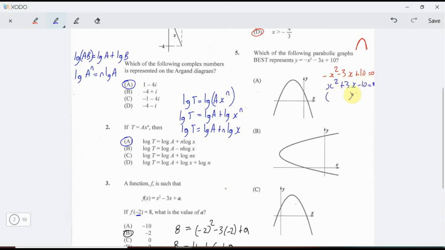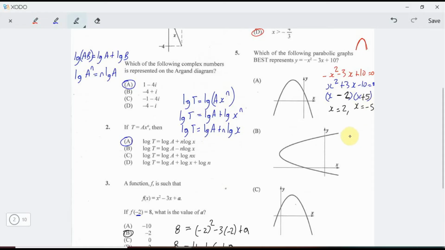And if I were to factorize it, that's giving me x, signs are different, and the bigger number gets the positive. The 2 numbers that multiply to get 10 would have to be 5 and 2. And we said that the bigger number gets the positive, so plus here and minus there. So in that case, the roots are going to be x equals 2 and x equals negative 5.